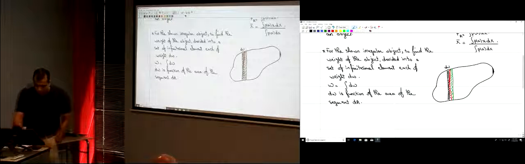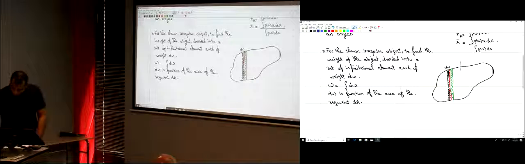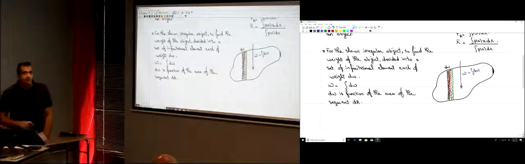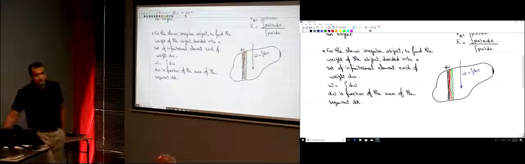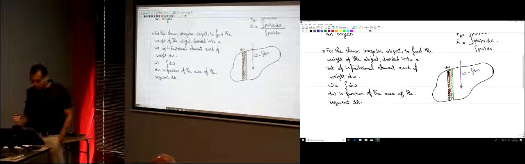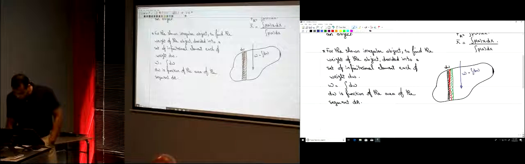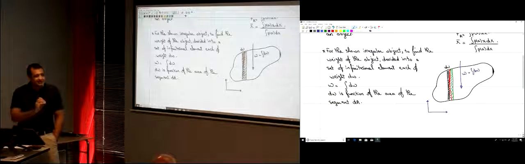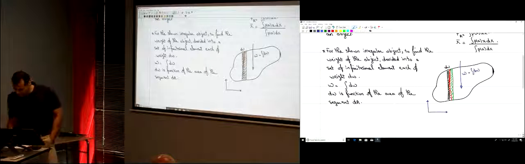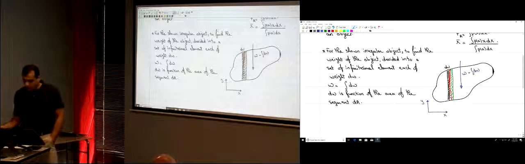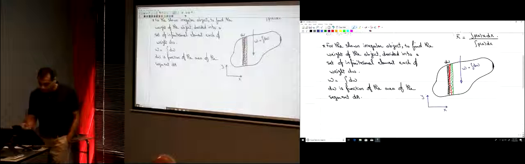So now, I can know the weight from the integration of dW. But where is that weight applied? The point at which this load or weight is applied is called the centroid, or to be more precise, it's the center of gravity. Okay, we're going to call it the center of gravity. So this is the x, the y axes, okay?